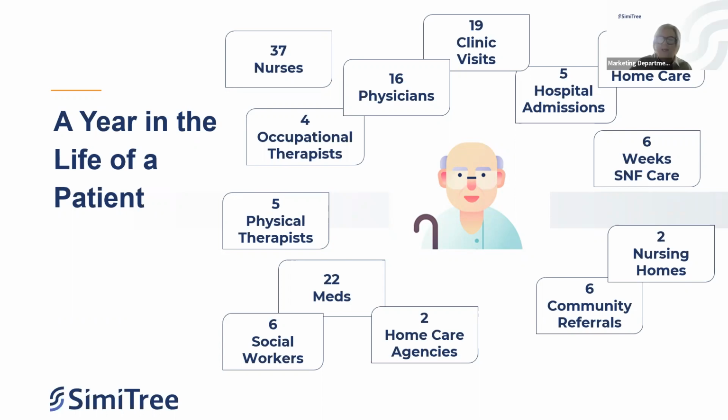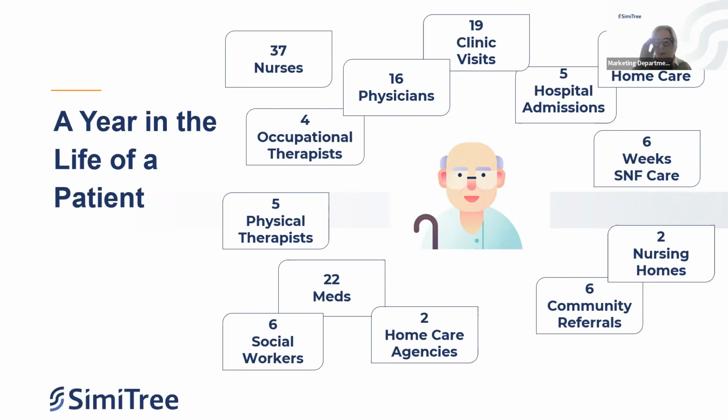So here we have this wonderful visual of what it truly looks like for a patient who is appropriate for home health and even maybe becoming appropriate for hospice, and what a year of their life looks like. While you may not see too many surprises here, I just want to call out and make sure that everybody understands that this is truly what their life looks like.